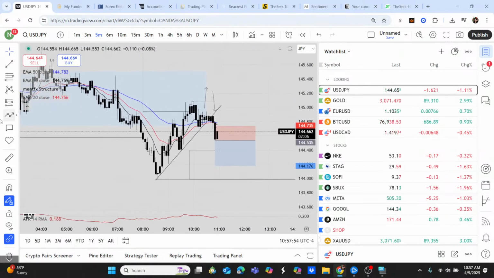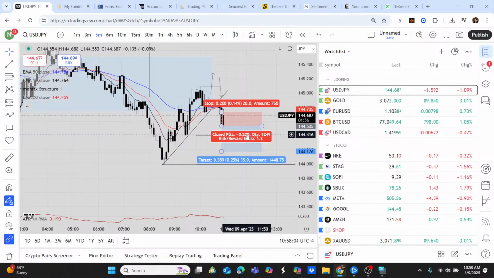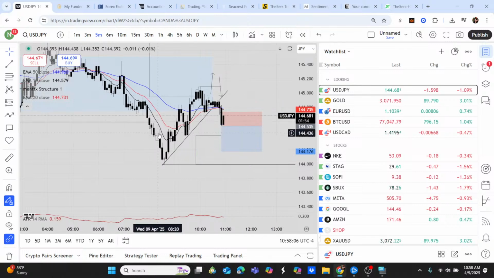One thing I gotta keep in mind is it was moving. So if this ends up breaking through the MAs, then I can cancel this. And if it breaks through the MAs, I completely don't want to watch USDJPY because it can end up chopping around.